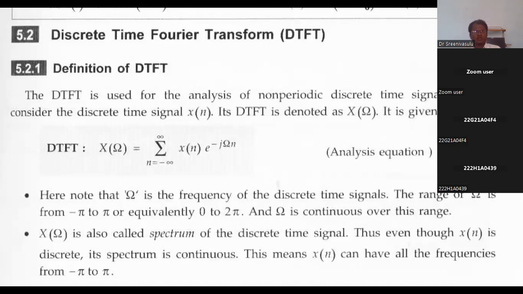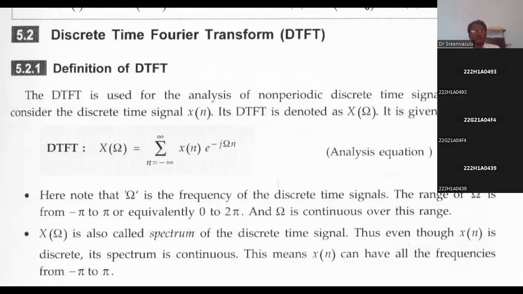So it is just the counterpart: whatever continuous time signal we have gets converted into a discrete time signal, and if we want to analyze the discrete time signals, we go for discrete time Fourier transform. Usually Fourier transform means we analyze the signals or systems in the frequency domain. That is the main motto of using any transform.